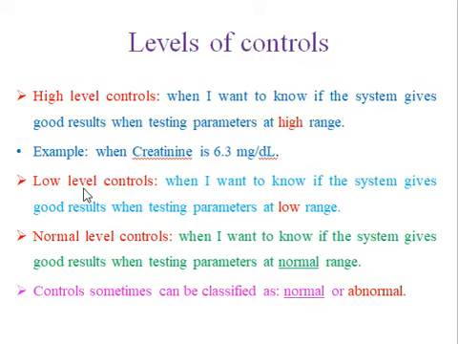In the same way, a low level control is used when the tested parameter is expected to be low, while normal level controls are used when I want to know if the system gives good results when the tested parameters are expected to be normal.